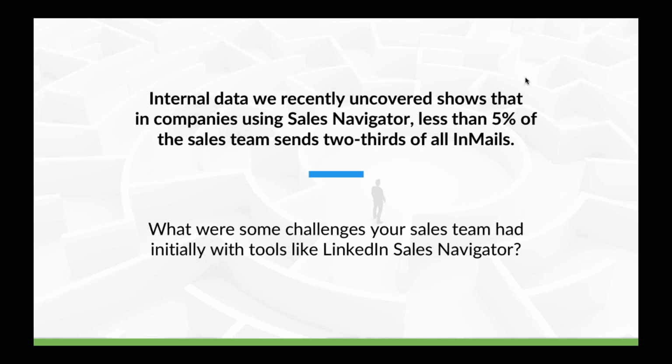Just internalize that data for a minute. I know it sounds negative at the cover, but think about the massive hidden opportunity for you here. So my question, Cliff and Christian, we'll start with you this time: what were some challenges your sales team had initially when you got Navigator? Because I'm sure when you bought it, you probably had challenges of this nature as well.